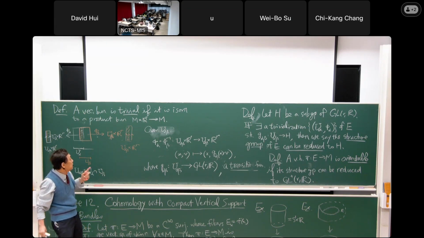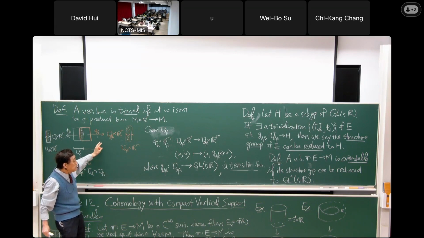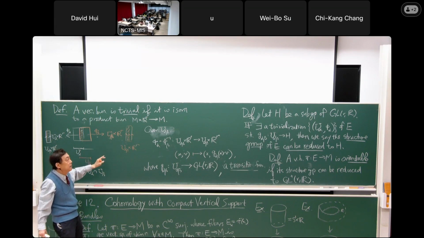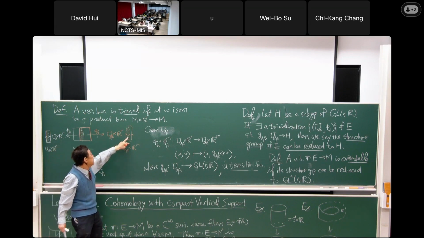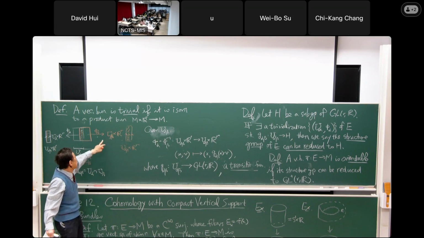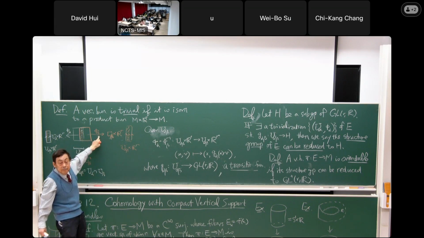So we're going to say that the vector bundle is oriented if the fibers of the vector bundle are given the orientation through the trivialization, okay?